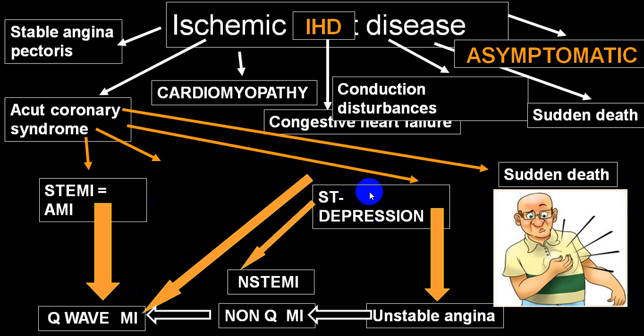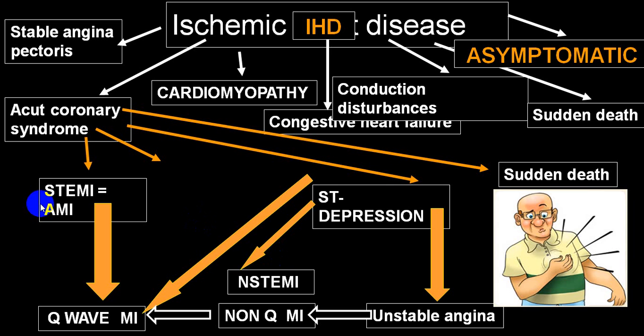This non-STEMI MI can be without elevation of troponin, without any myocardial infarction, and then we call that unstable angina. Unstable angina can go into non-Q wave MI, or non-STEMI, and non-STEMI can become STEMI. But STEMI can never get converted into non-STEMI.